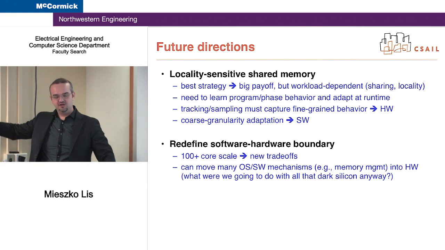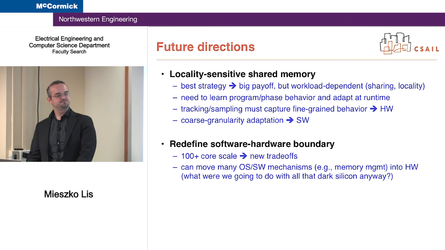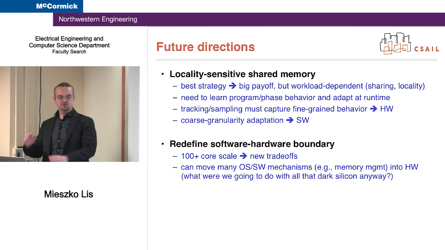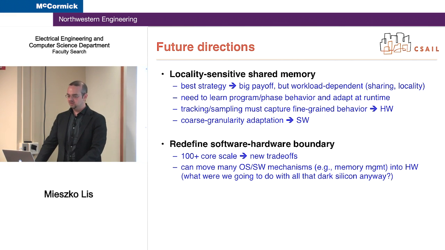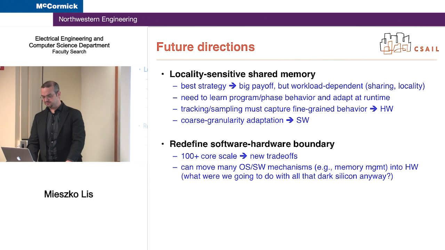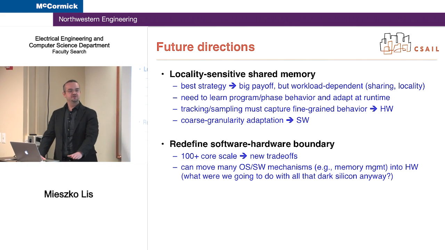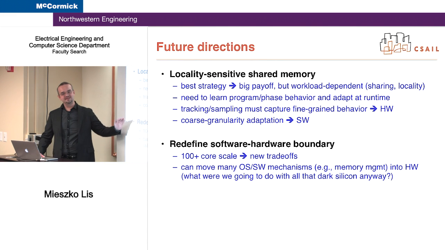But if you have a really large number of cores, it doesn't really scale. So I think 100-plus cores, maybe 1,000 cores, is an opportunity, if you will, to do some innovation, because the trade-offs are different than in the past. So for things like memory management, I think some pieces of this you can move into hardware. And I think a success story for this is actually the GPGPUs, right? Because this is exactly what they did.